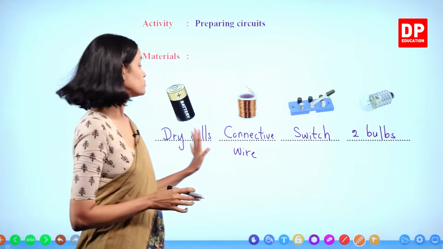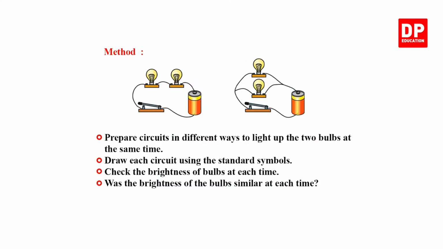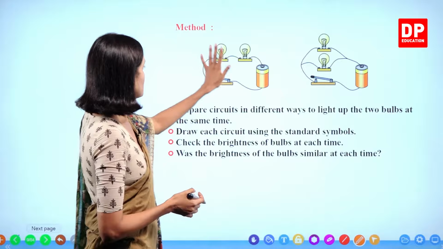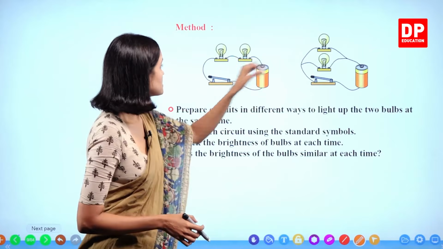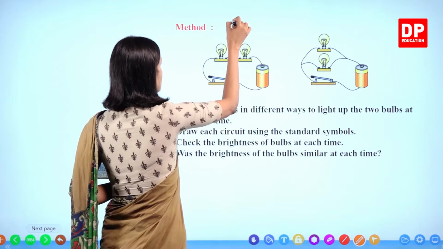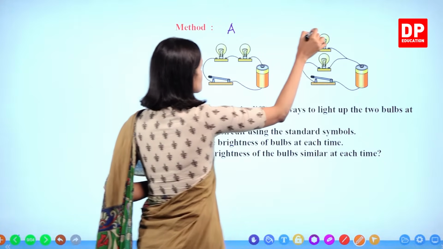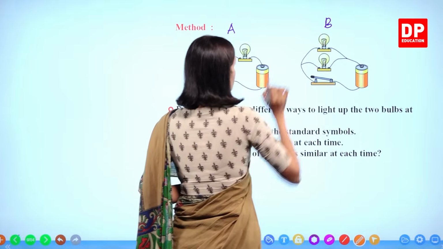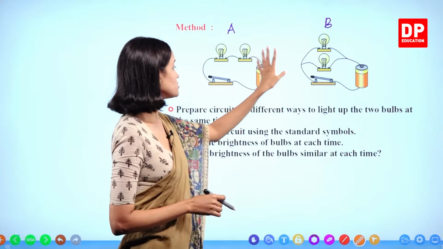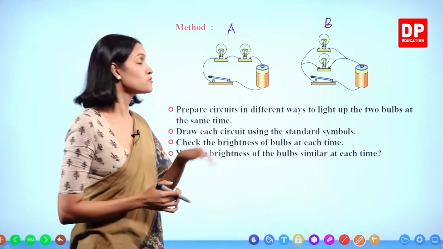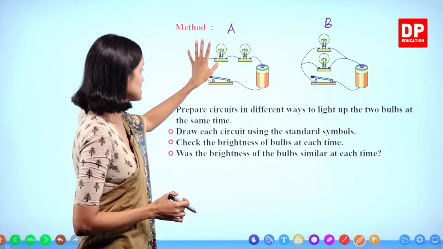So what do we have to do? Let's see. The method. Look at this one. We have to prepare 2 different types of circuits like this. We'll name them. This is A. This is B. Right? Prepare circuits in different ways to light up the 2 bulbs at the same time. So first we are going to prepare this circuit in the lab.